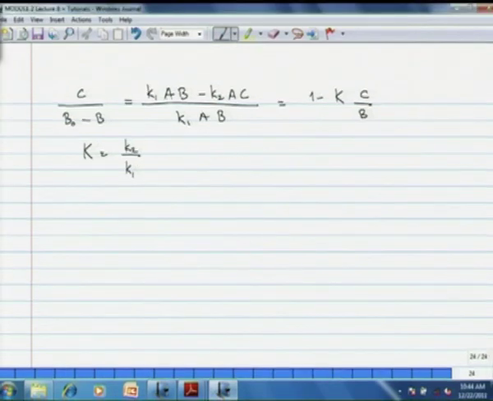We make this expression explicit in terms of C.